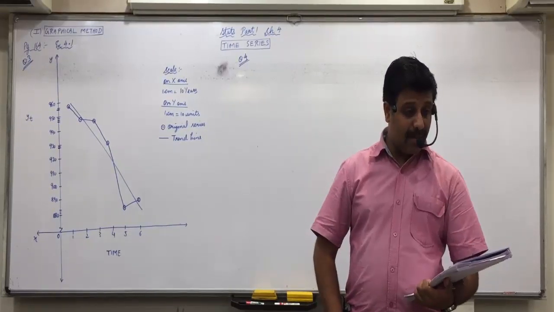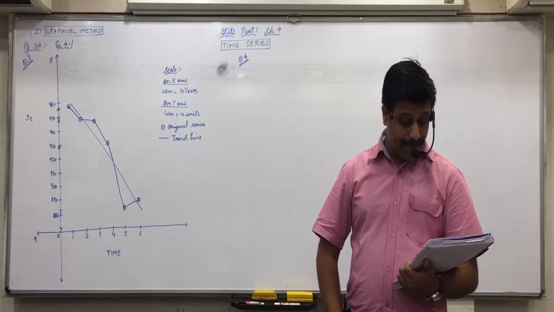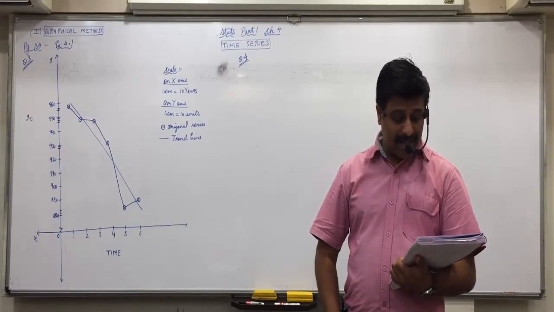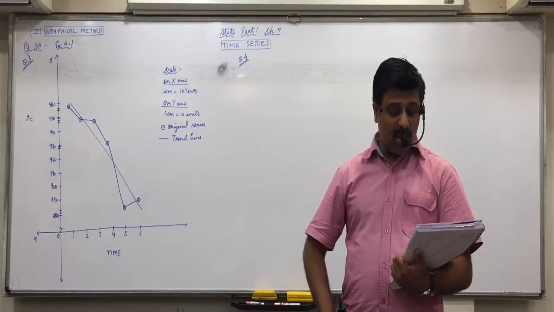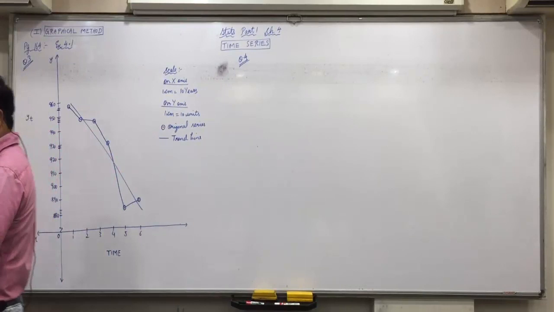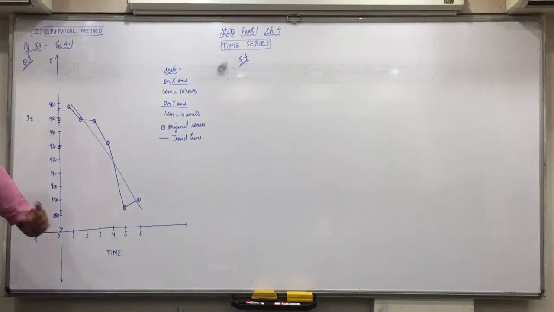Circle that minimum. What is the maximum? 329, the last second value, circle that. So 297 to 329, a very small gap. So don't take a scale of 10, otherwise the values will get over. We can take a difference of 5: 290, 295, 300, 305, and so on up to 330.